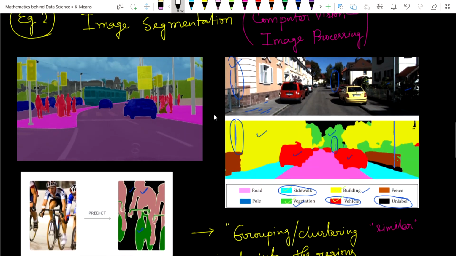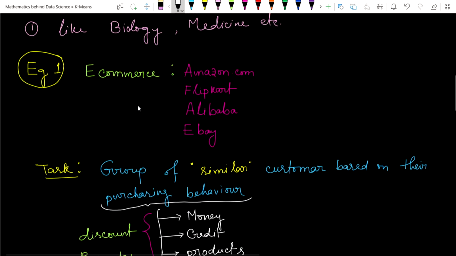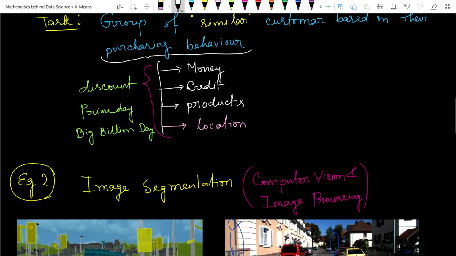In image segmentation, similarity is based on what kind of object we have. And on an e-commerce website, similarity is based on purchasing behavior.